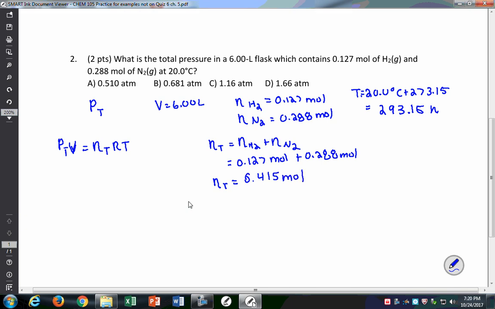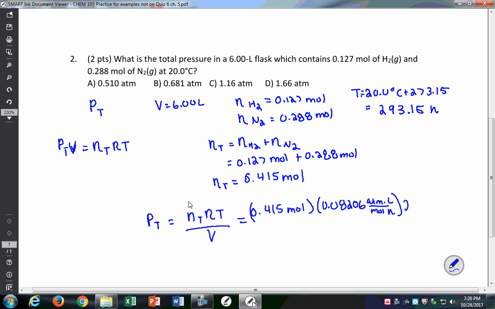Once we know our total moles, now we can calculate our total pressure. We have volume, temperature, we have R, we have our N total. Remember, your temperature has to be in Kelvin.